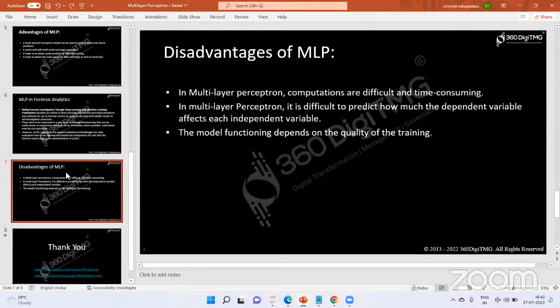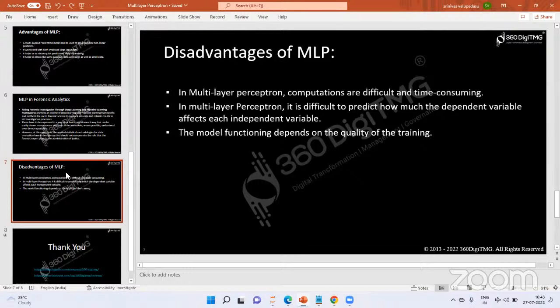The process takes time, but once it is done, it is ready to predict values, but there is time loss during the computation. It is difficult to predict how much the independent variable affects the dependent variable. And functionality depends on the quality of the training.